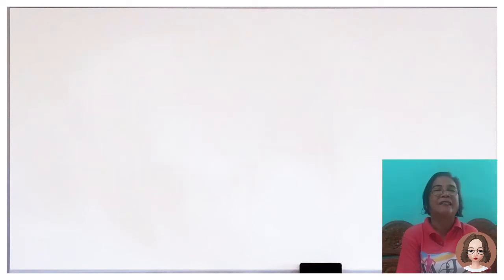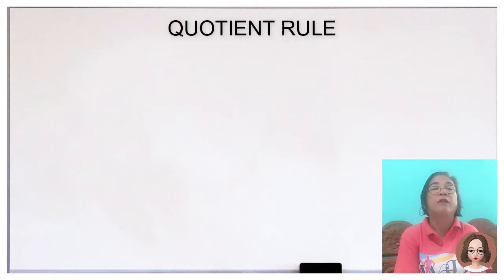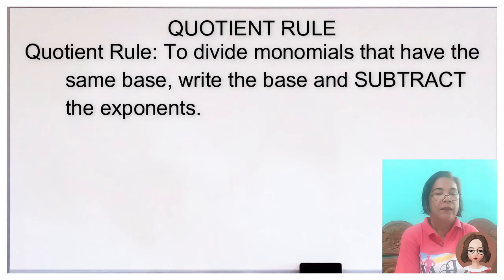Okay, class, let's proceed to the third rule. That is the quotient rule. To divide monomials that have the same base, write the base and subtract the exponents. I repeat, you are going to subtract the exponents.